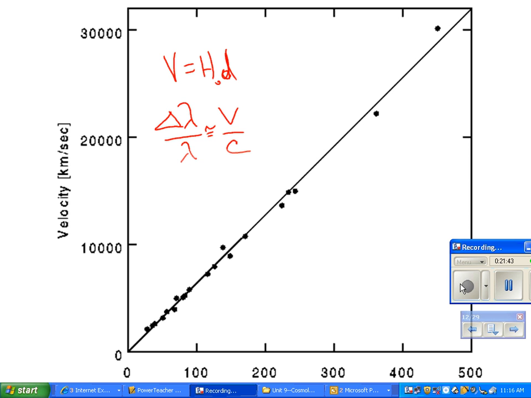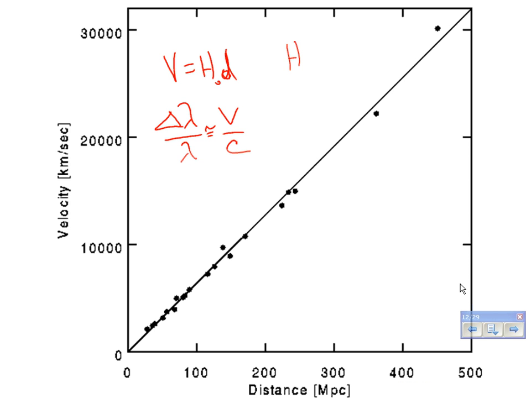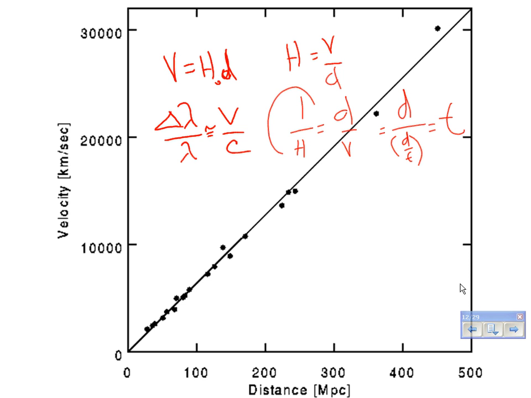And one of the reasons why it's helpful, I want you to see this for a second because I think it's pretty darn cool. One of the reasons why it's helpful is this. H is v over d, right? Wait, did I do that right? Yep. So 1 over H is d over v. But remember that v is just distance divided by time. So 1 over H is time. 1 over Hubble's constant is time.